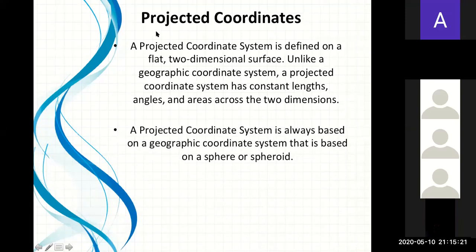Okay, like I was saying, the projected coordinate system is coming directly from the geographic coordinate system. We have to project from a geographic coordinate system to a projected coordinate system. So a projected coordinate system is always based on a geographic coordinate system that is based on a sphere or spheroid.